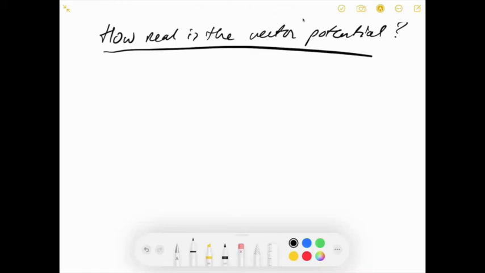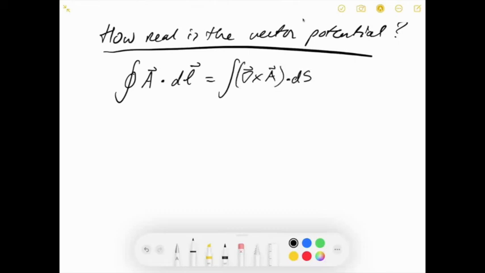So let's say we consider some kind of a line integral through a vector potential field. And with Stokes, we can write that always as the curl of A integrated over that surface area. And the curl of A is, as you know, B, right?